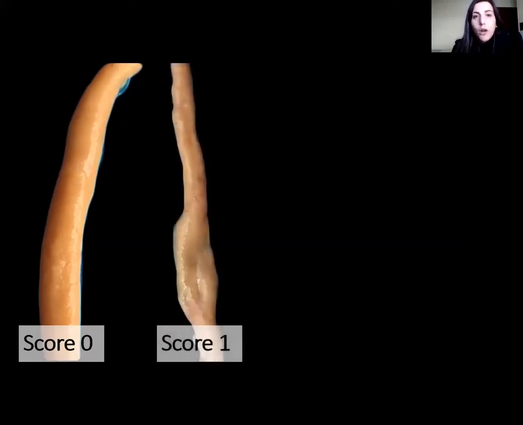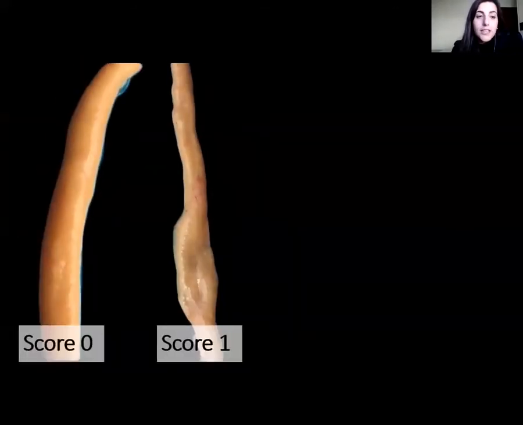For example, this is a picture of score 0, which means no lesions in the gut. Score 1 is a lesion of Eimeria maxima in the ileum. I will show you here. All these red points are characteristic of Eimeria maxima.